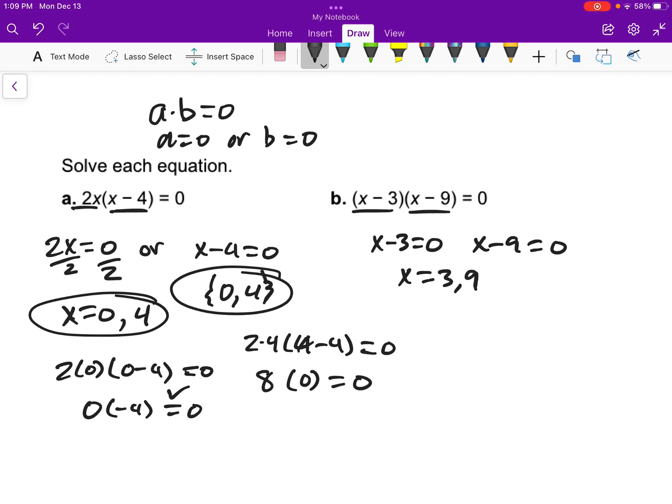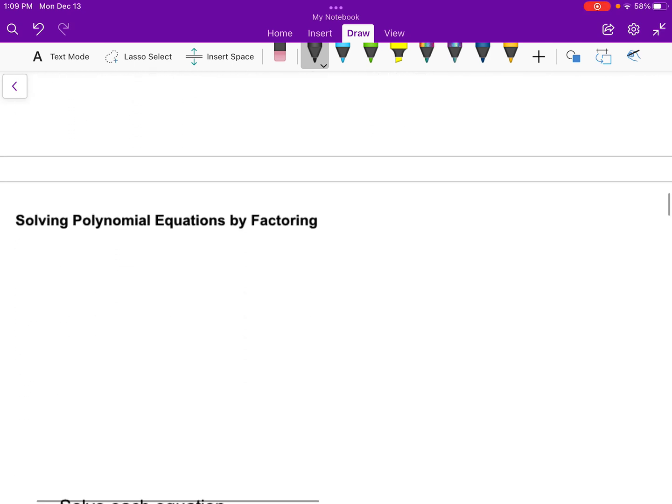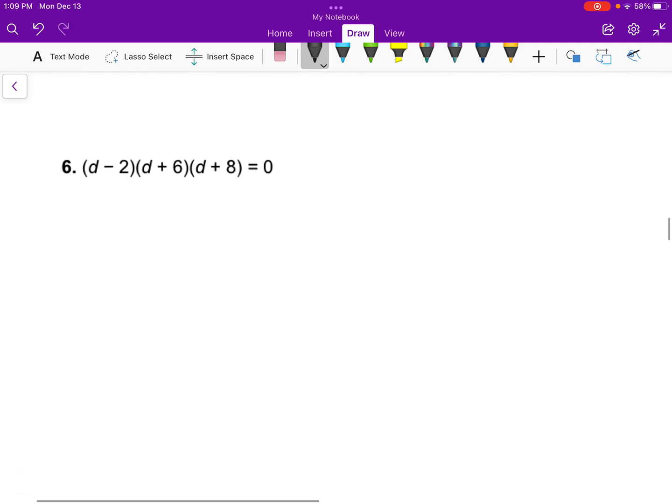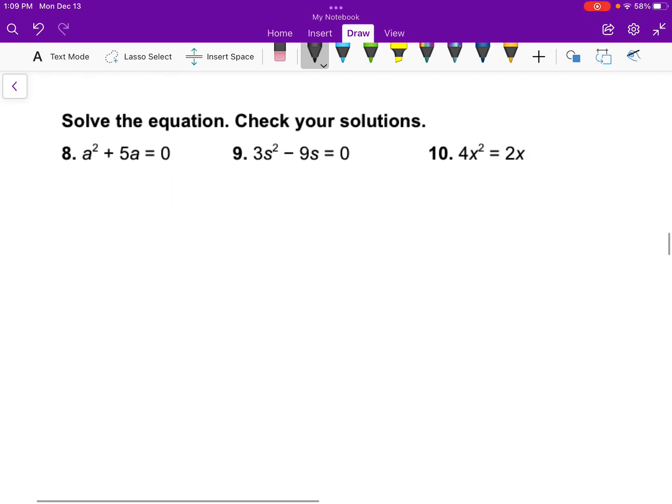Now, usually your equation won't already be factored for you like that. If you look at, for example, this example number 8 right here, I have a squared plus 5a equals 0. These are going to be the steps we're going to follow. I'll write some steps down.